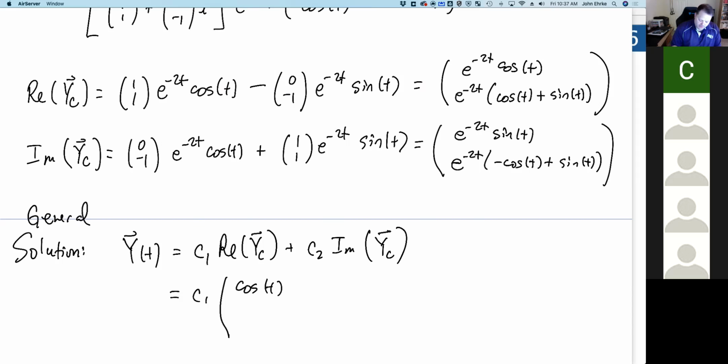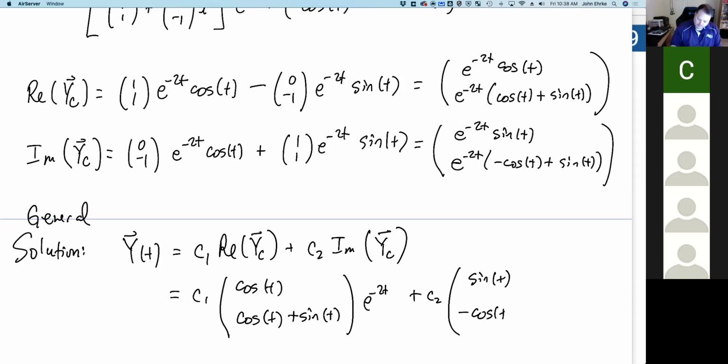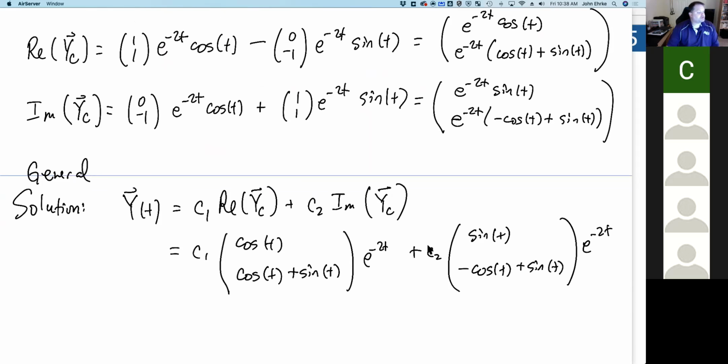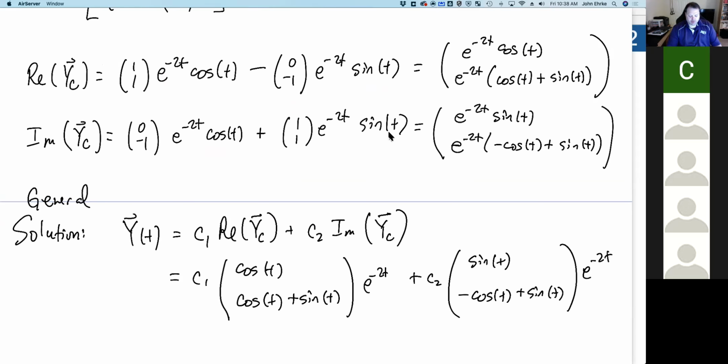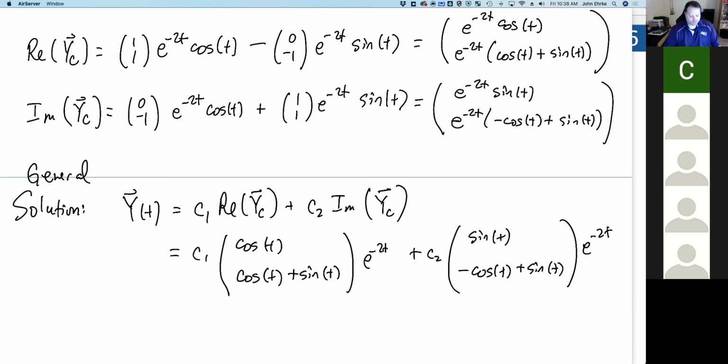And there's a reason for that here in just a second. We'll talk about it. But that would be our general solution for this problem. And I don't mind if you want to combine this into one vector, or leave it this way, whatever the case may be. But for what I'm about to talk about, I think it's best to leave it in this form.